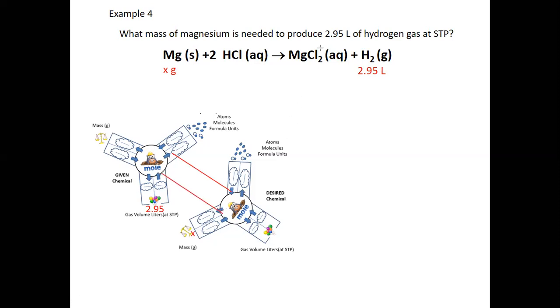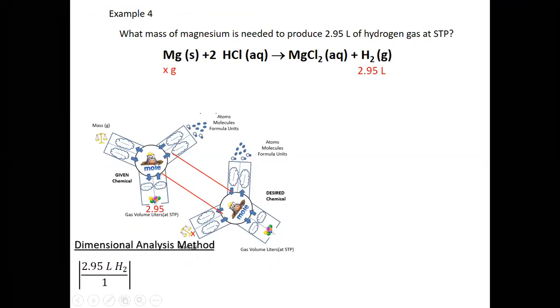So let's get started. We write down our given quantity, 2.95 liters of hydrogen gas. We turn our given quantity into a mole amount. Be careful here, since our given quantity is a liter amount, in order to turn liters into moles, we have to use the factor 22.4 and not the molar mass of hydrogen gas.